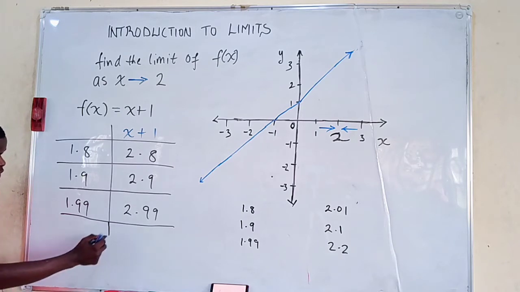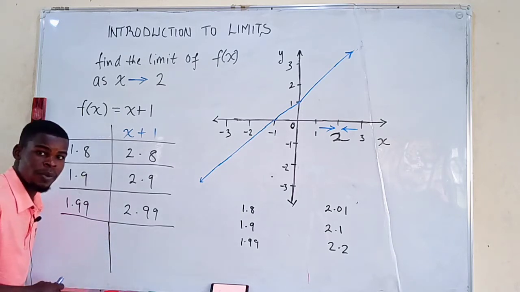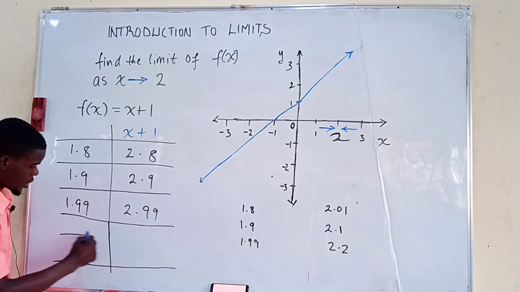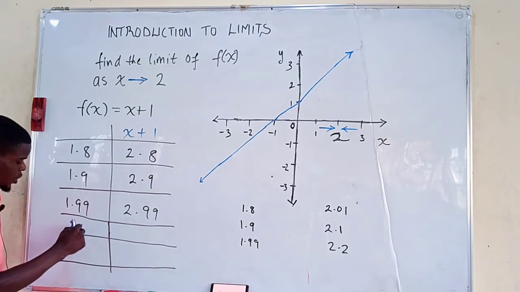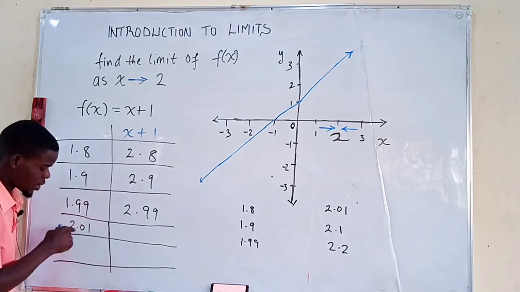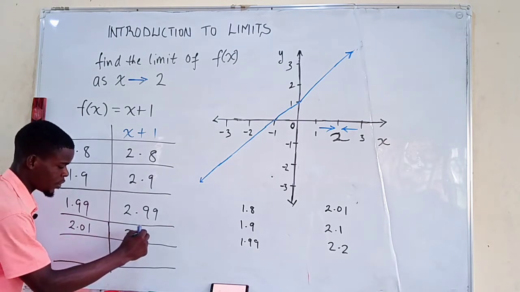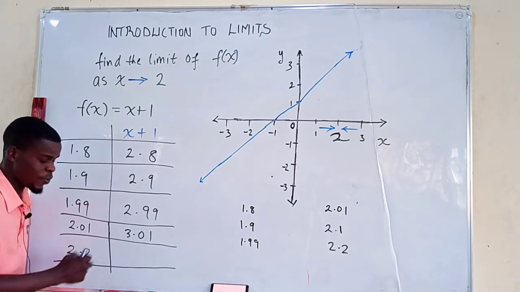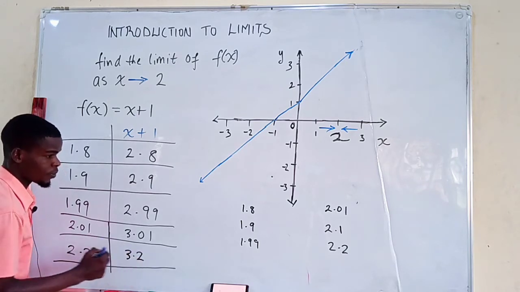If you also want to check from the right, I'm going to extend my table a little bit. Let's plug in 2.01: just add 1, that's going to be 3.01. Then plug in 2.2, the output is going to be 3.2.